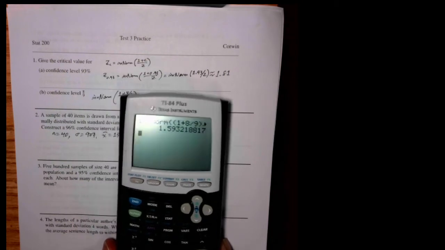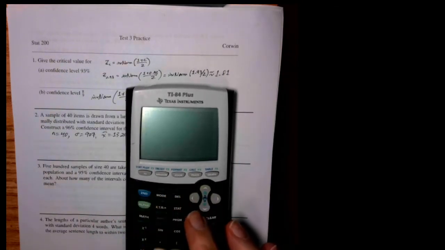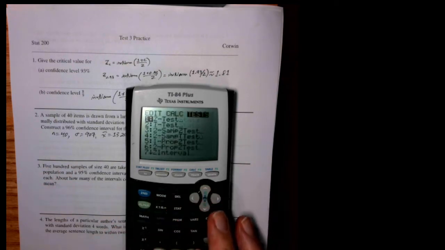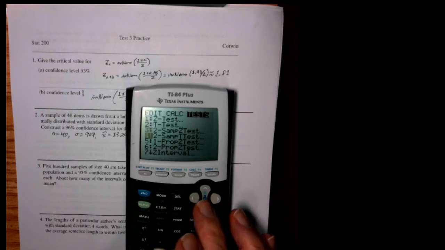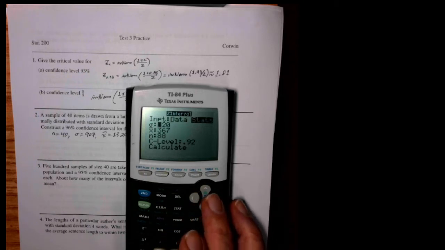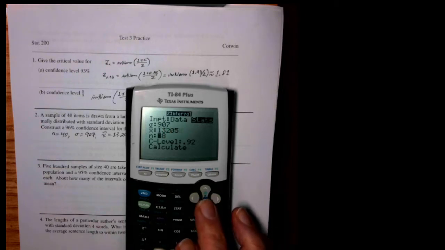Okay, so I'm going to be doing a Z interval here. I want stat, then over to tests, and down to number 7 there, Z interval. I'm doing it with stats, right? So remember you have to choose, so I put it on stats and hit enter. And then I start putting in the numbers. Sigma is 907. X bar is 13205.